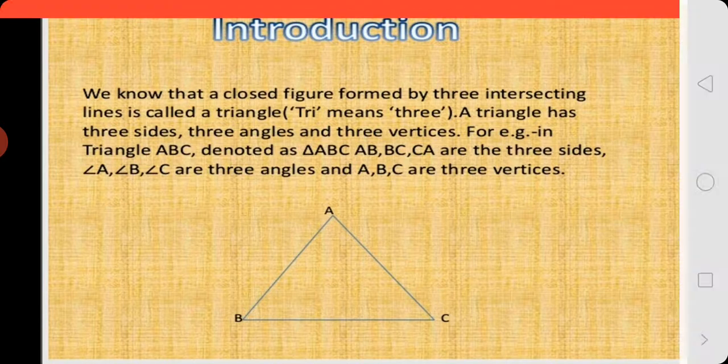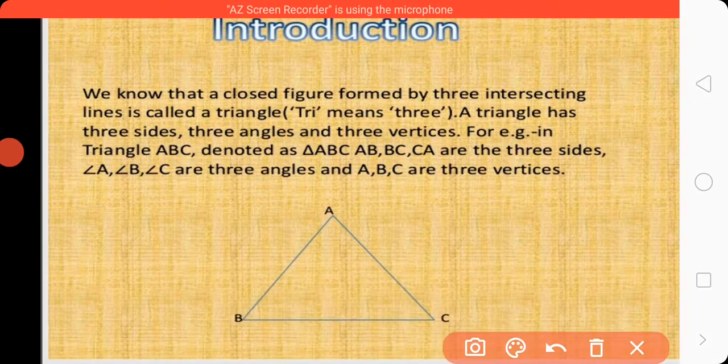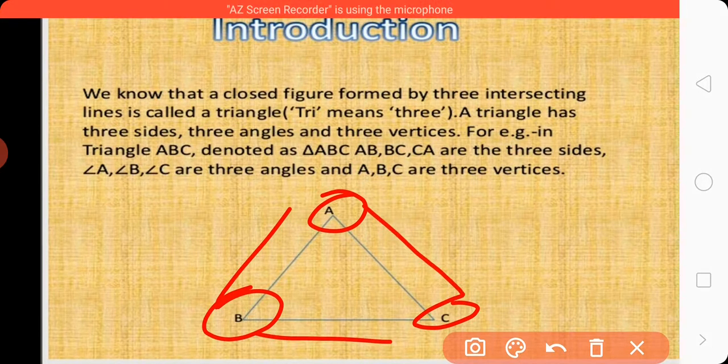Here you see that A, B, C are three vertices of this triangle, and sides AB, BC and AC are three sides of this triangle, and angle A, angle B and angle C are three angles of this triangle. Okay, tri means three. Three sides, three angles and three vertices are there.